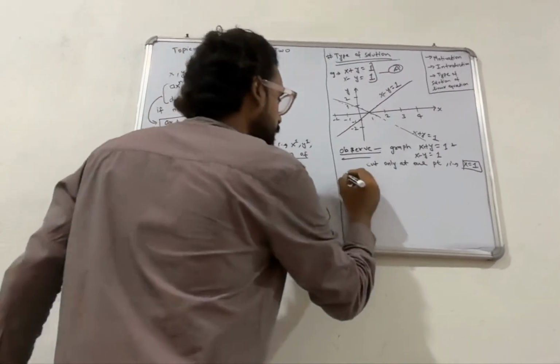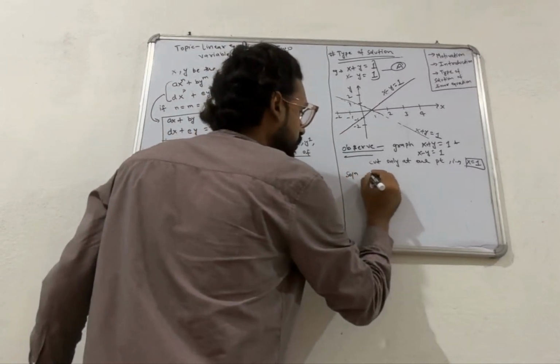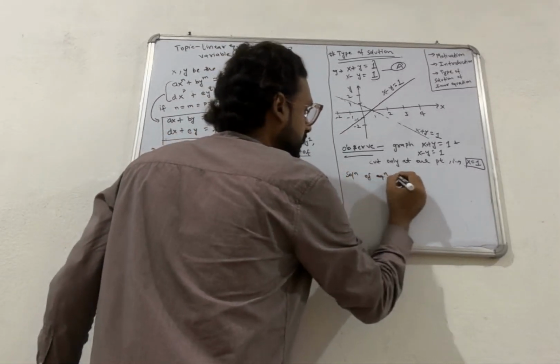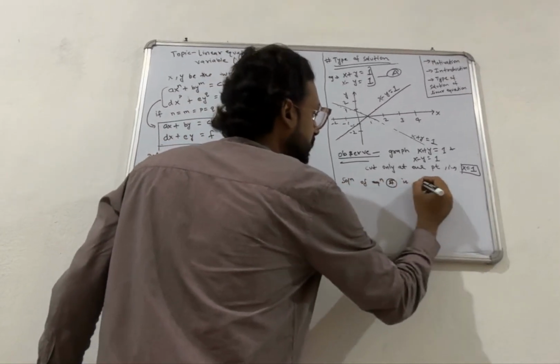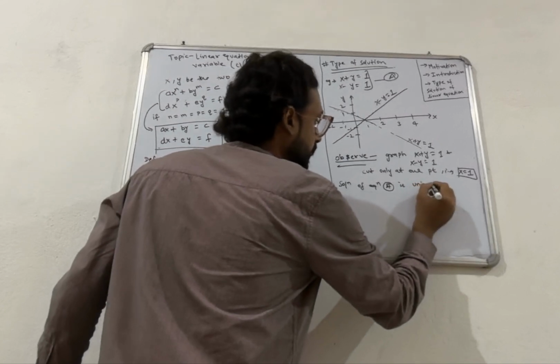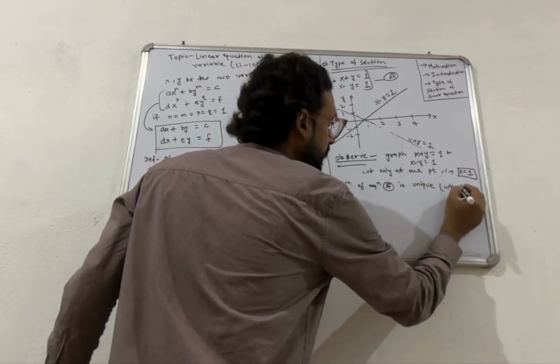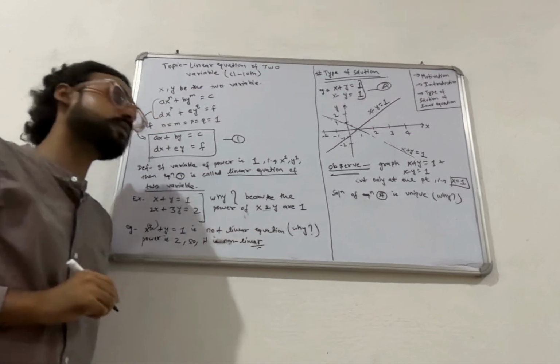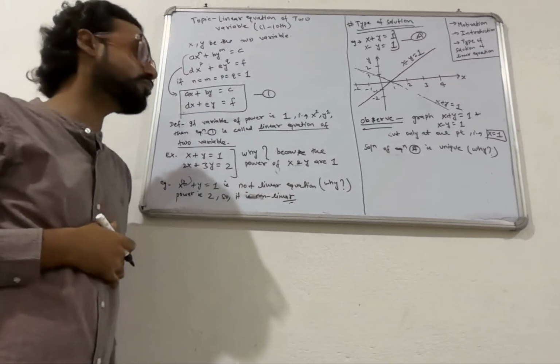Okay, the solution of equation A is unique. Why? So the question is, why is the solution unique?